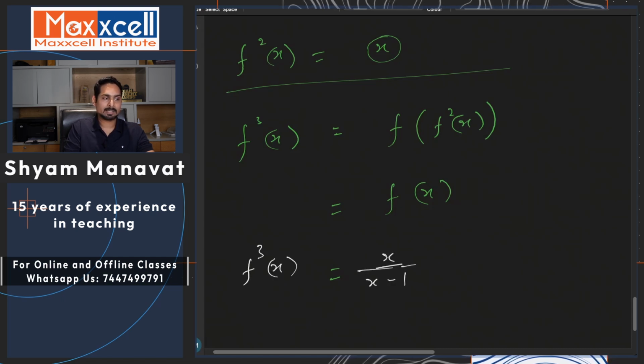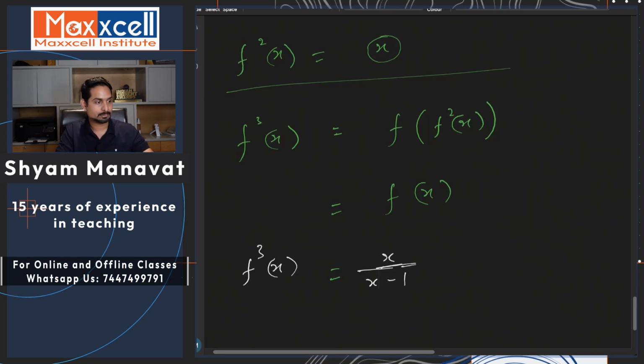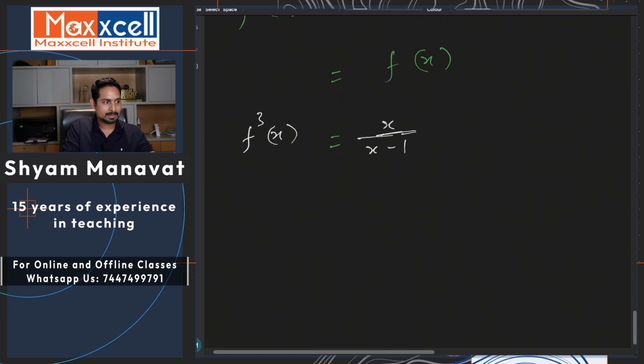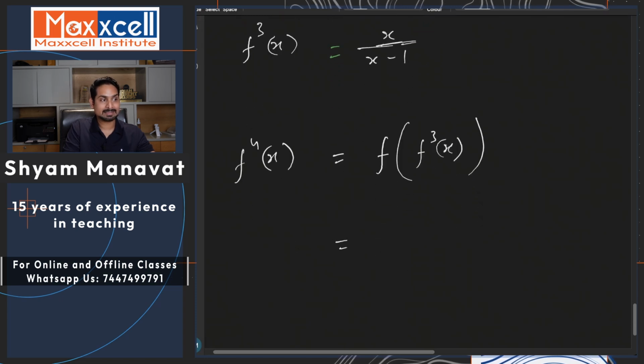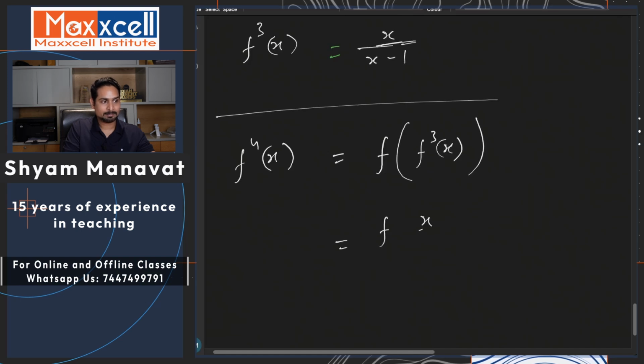I guess you got the pattern here. So what's happening now? If I want to find out the fourth iteration, it is going to be f of input as the third iteration, right? Third iteration as the input. That means f of x upon x minus 1. Now think about it.